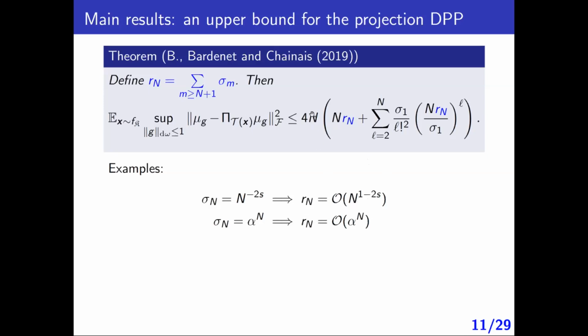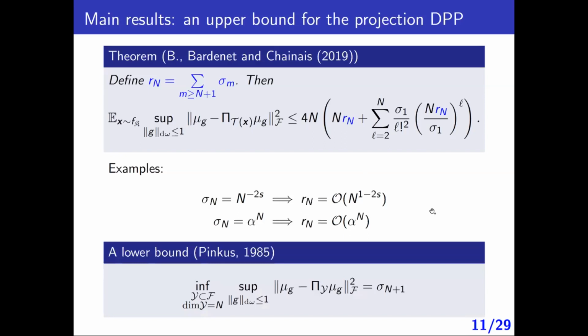And when we add this n power 2, we'll end up with n power 3 minus 2s. And it's not optimal, as I will show you. But if sigma n is geometric, Rn is geometric, and we can see that we are almost optimal in this case.